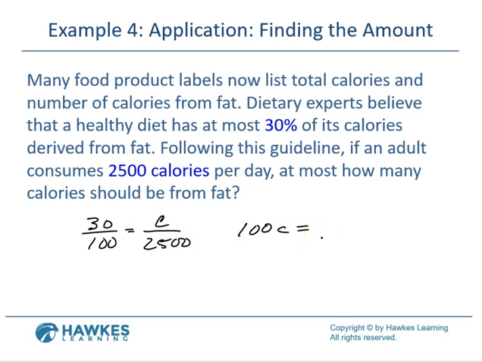And then I've got 30 times 2,500, so 2,500 times 30, and I get 75,000. Okay, divide off by 100 off both sides. Okay, let's cancel 2 zeros there, 2 zeros there, and so at most my calories from fat should only be 700 calories.